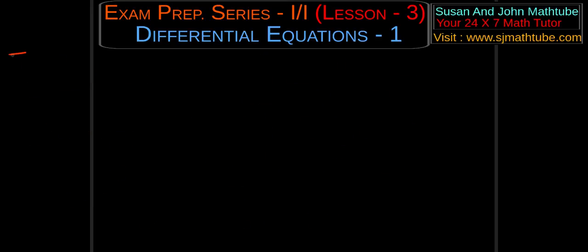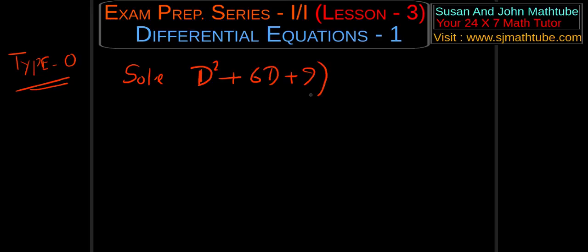Now let's move on to the next question, type 0. So the next question is solve d square plus 6d plus 9 of y is equal to 0. So clearly this is type 0 because the right side is 0 and this is a second order differential equation.